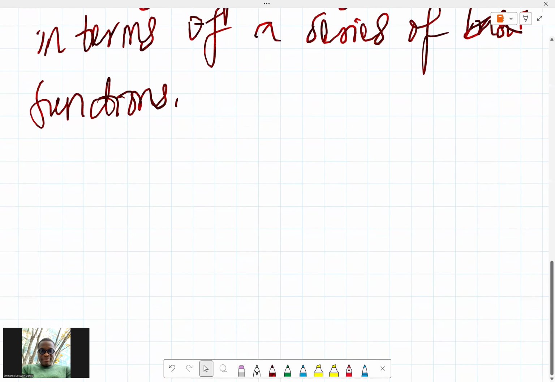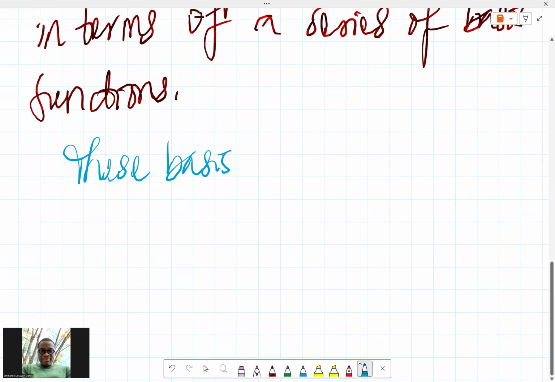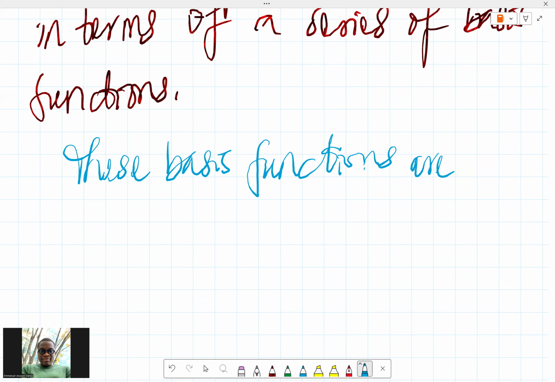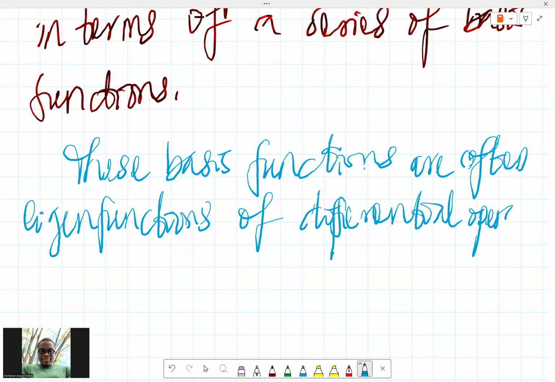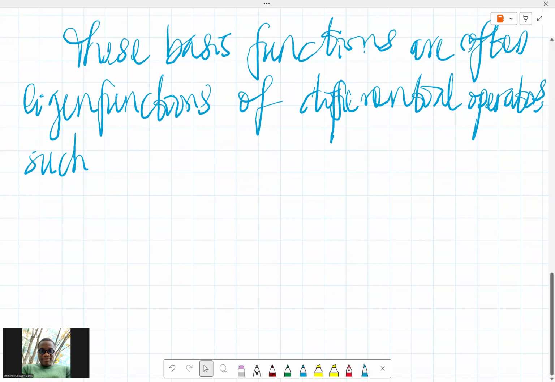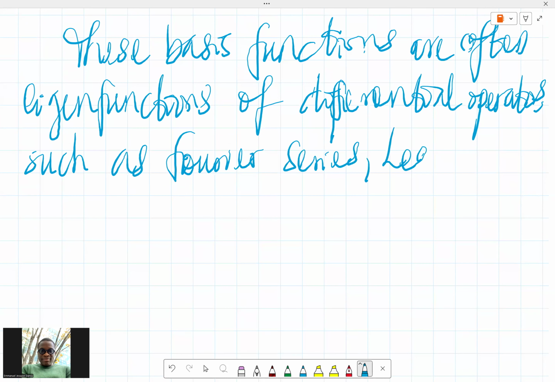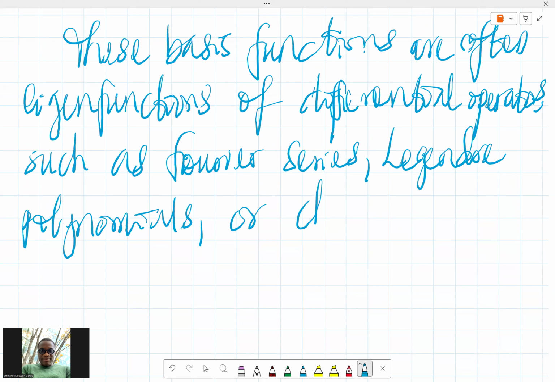Now, these basis functions are often eigenfunctions of differential operators, such as Fourier series, Legendre polynomials, or Chebyshev polynomials.